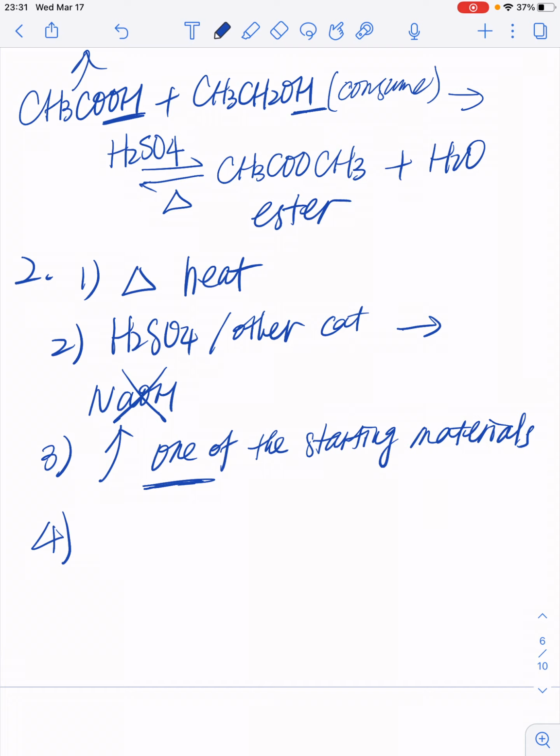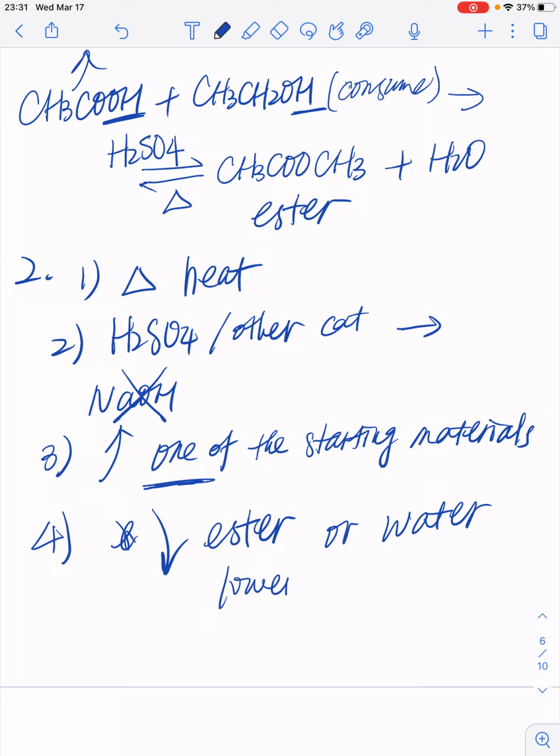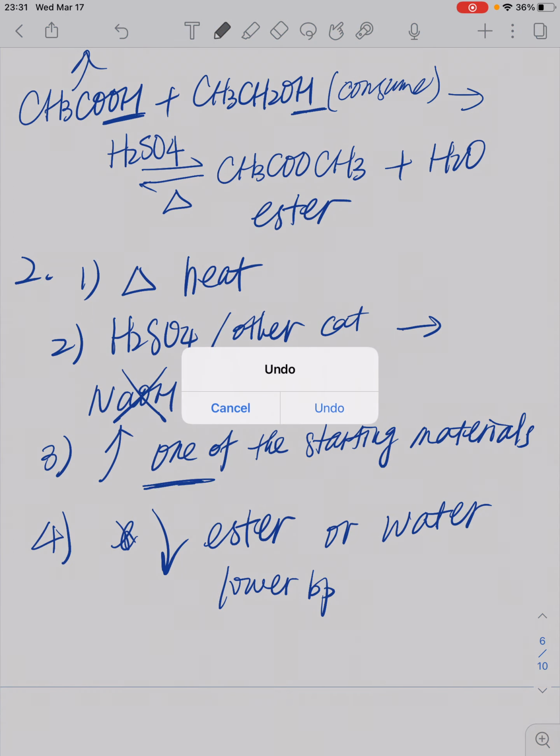Last, we can reduce the amount of one of the products, either ester or water. Esters tend to have a lower boiling point because they don't contain highly polarized bonding.